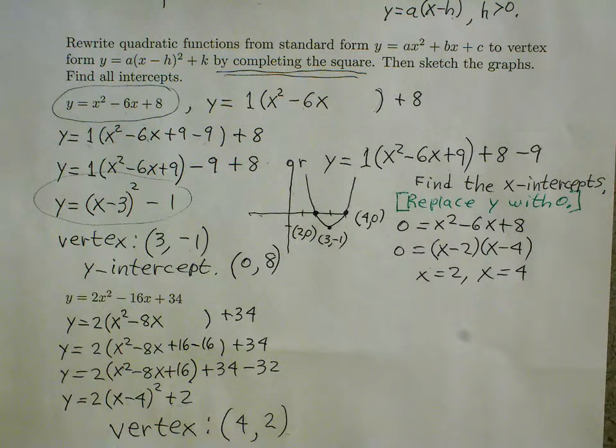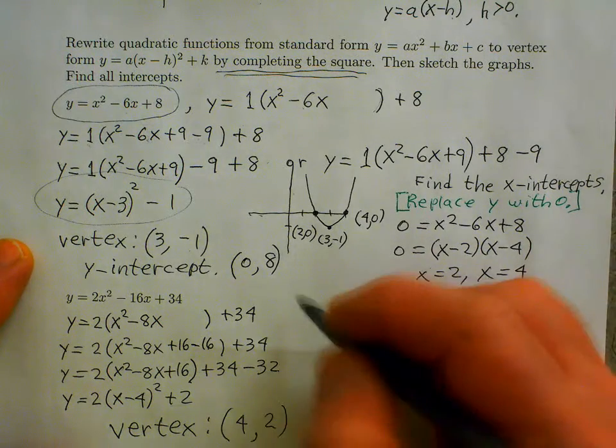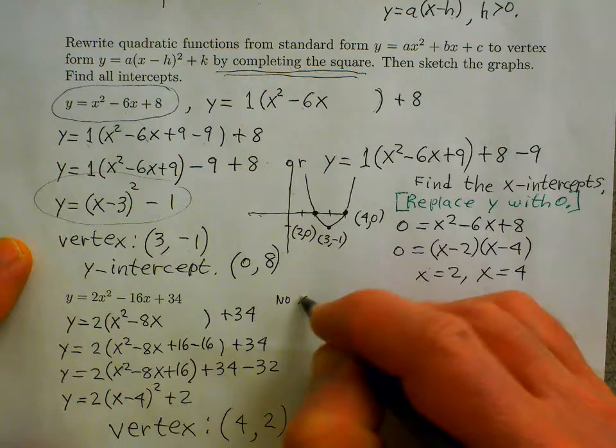Okay, so this vertex is above the x-axis. The ordered pair 4, 2 is above the x-axis. The parabola opens upward, so that means there are no x-intercepts.